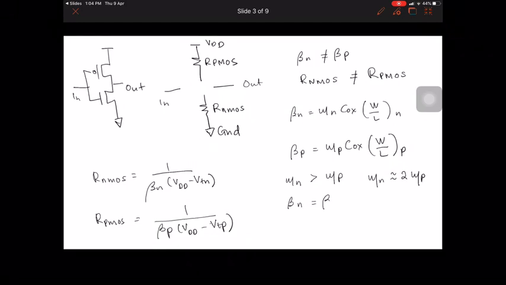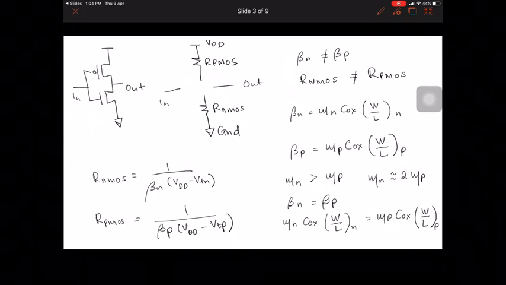If we want beta n to equal beta p, then mu n COX W over L n equals mu P COX W over L P. You want to make it equal, but mu n is not equal to mu P. Mu n is twice the value of mu P. So in order to make it equal, because this is 2 times bigger than mu P, we have to make the W over L of the PMOS 2 times bigger.